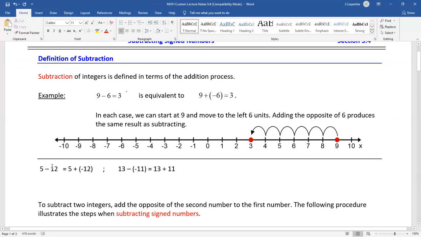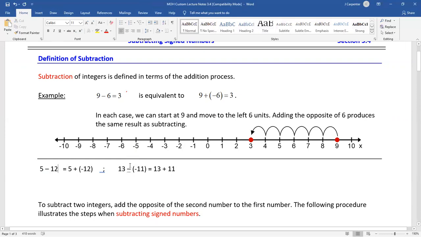Subtracting a number is the same thing as adding the opposite of the original number. We don't change the sign of the first thing. See, the 5 stayed a 5, the 13 stays a 13. It's the second number that changes. We change a subtraction symbol to an addition symbol. And then the number after it, this was originally a positive 12, we change to a negative 12.